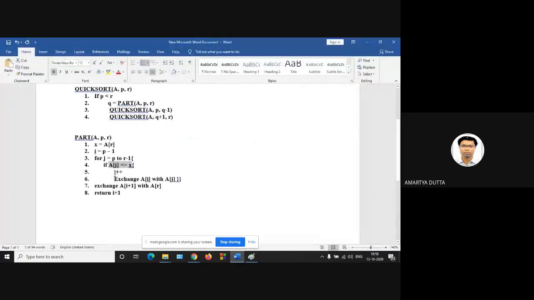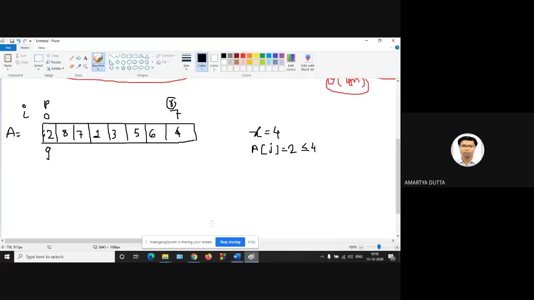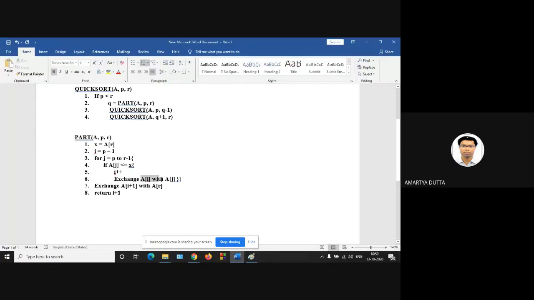Then what should we do? First, we have to increase I and then exchange A of I with A of J. So first of all, increase I. Now this is your I.